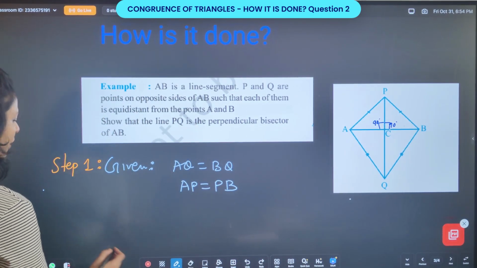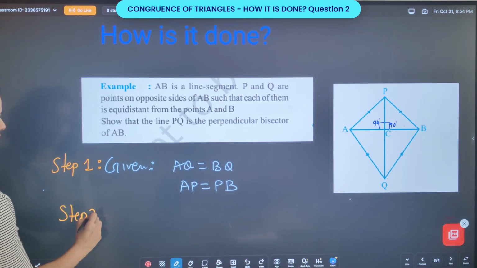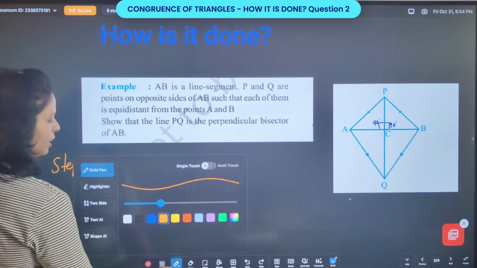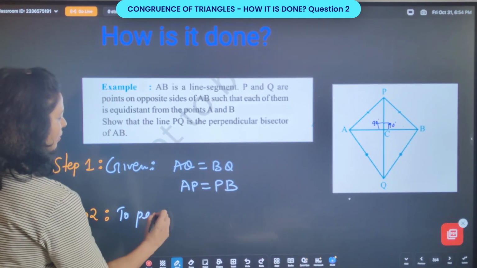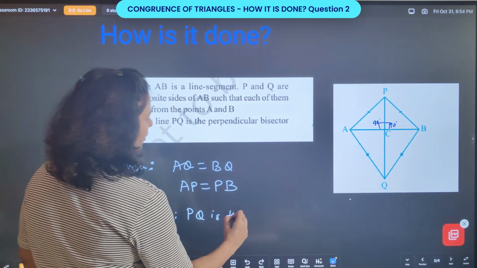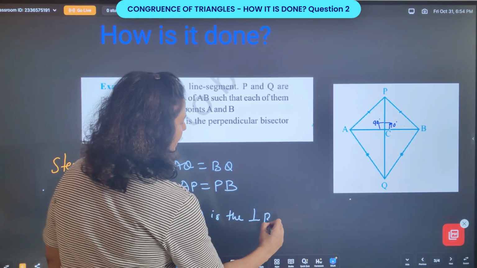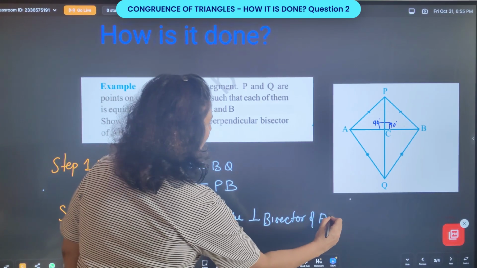After that, step 2 is to write what you need to prove. Here you need to prove PQ is the perpendicular bisector of AB.